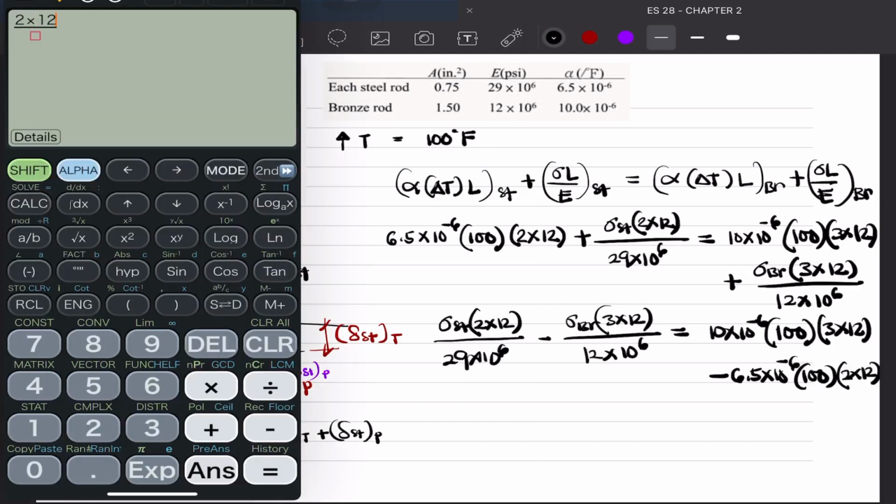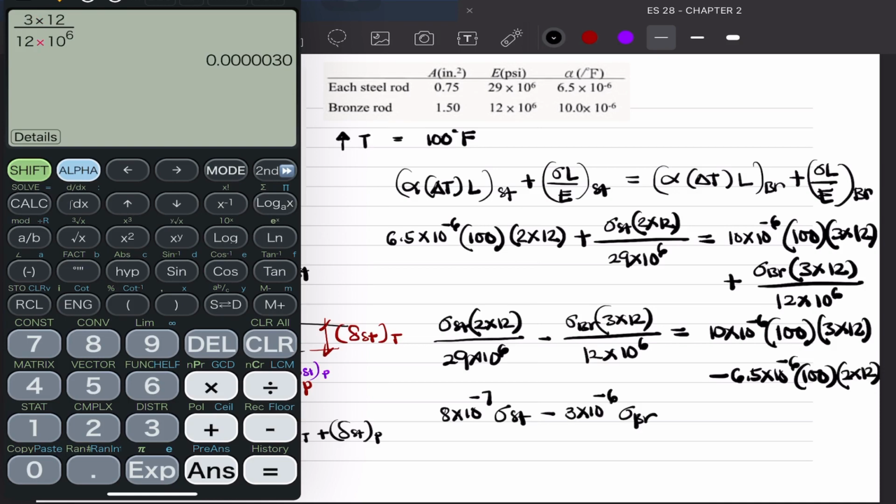2 times 12 over 29 times 10 to the power of 6. 8 times 10 to the negative 7. Stress steel minus 3 times 12 over 12 times 10 to the power of 6, 3 times 10 to the negative 6.